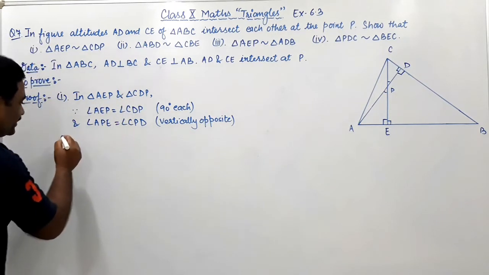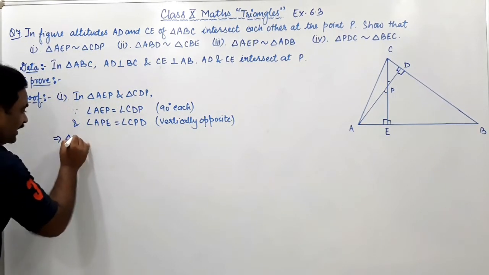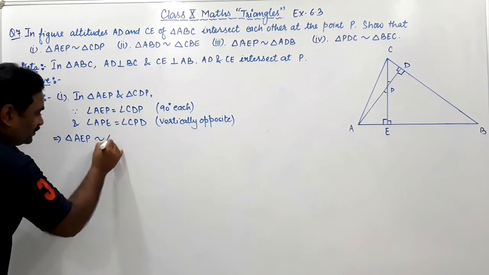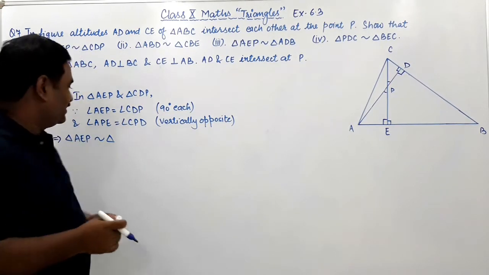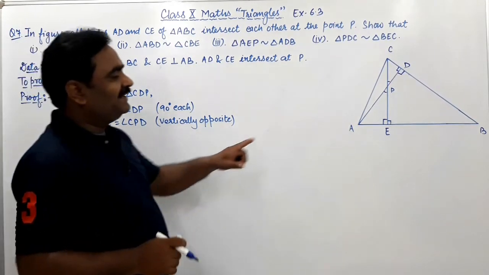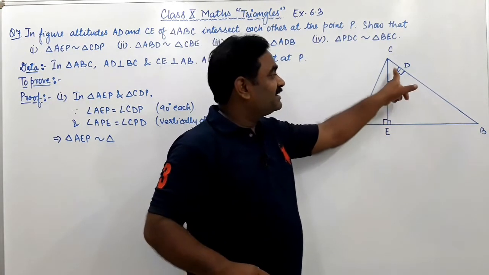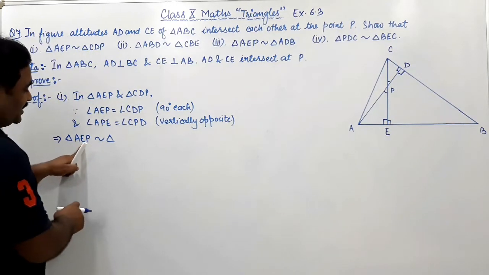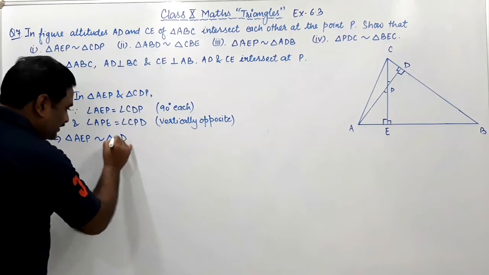Therefore directly you can write down that triangle AEP is similar to triangle. Now let us see the corresponding parts. E is 90 degrees in this triangle and D is 90 degrees in this triangle. So AE is the second letter, so the second letter you write D here.